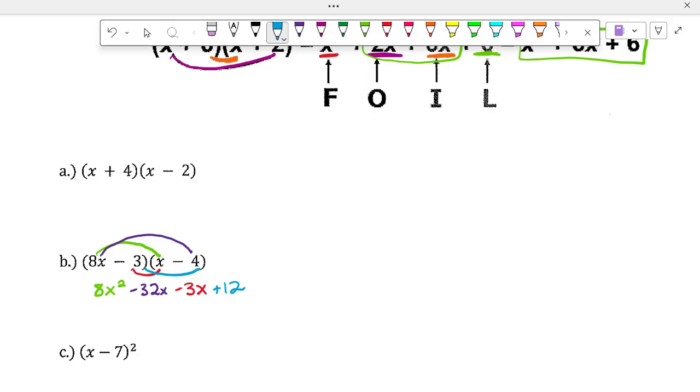If I combine like terms, what would my final expression be? And then what? Good. So we really only had to combine the two x's there.